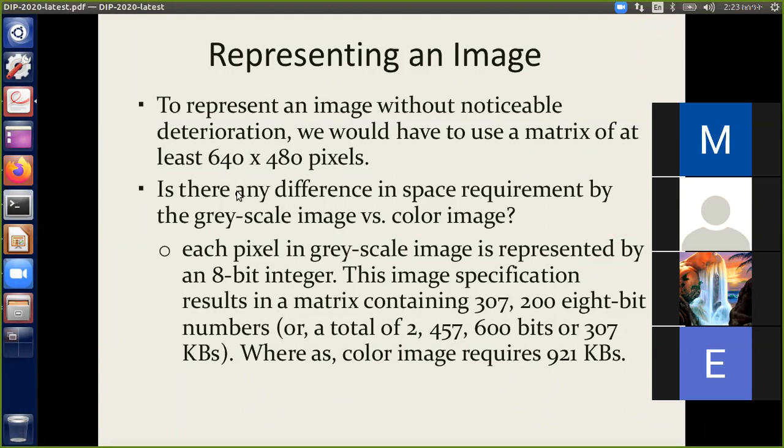But we have to pass through the challenges. The major challenges, as we said, are memory space requirement, transmission bandwidth requirement, and the complexity of image data management.